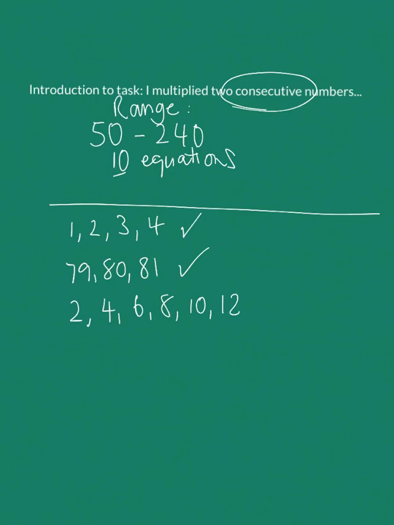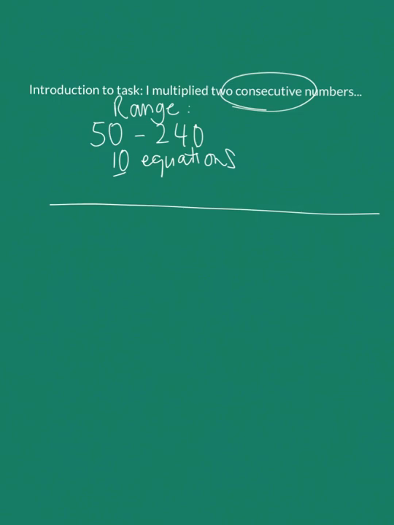This would be counting by twos, where we are actually skip counting, and we're in fact missing a number. So this is not consecutive. Okay, so now we've gotten past that, let's move on to our task.